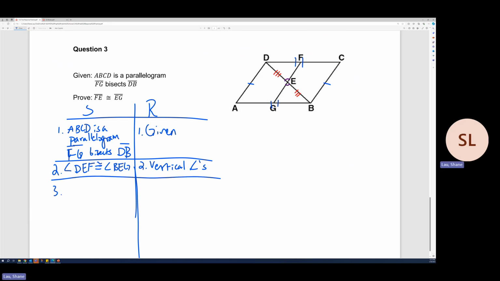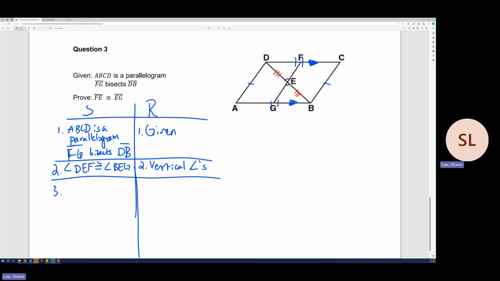The next thing here is, if I know that this is a parallelogram, I know that it has some parallel sides for sure. Particularly, I know that these two sides are parallel to each other. And I can use that to my advantage.